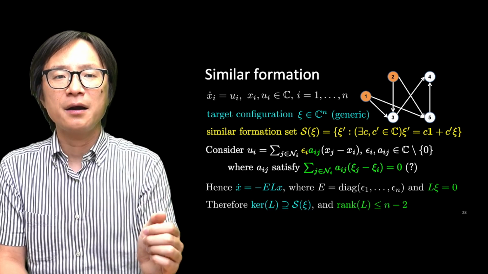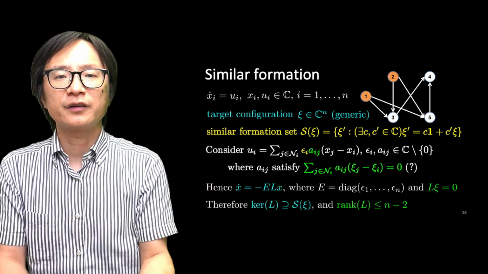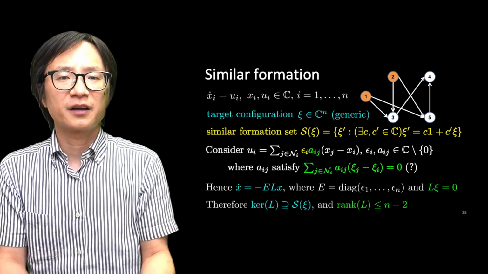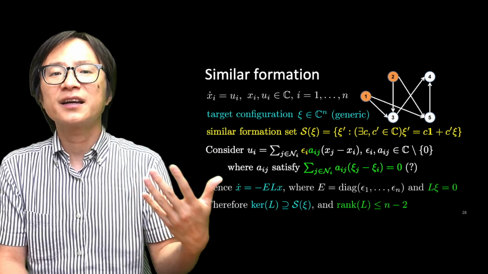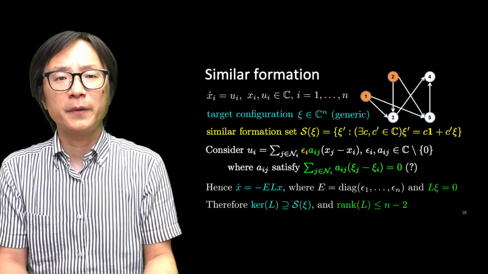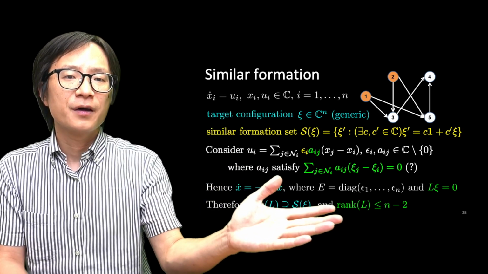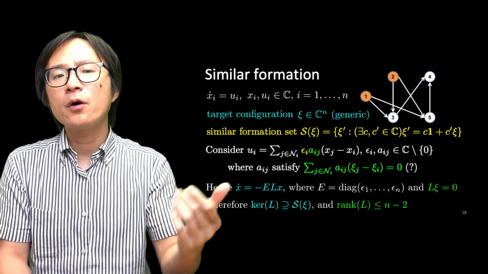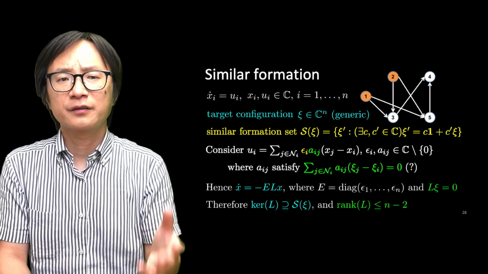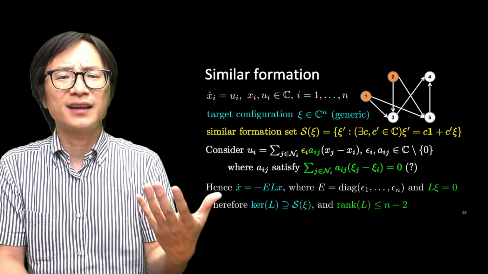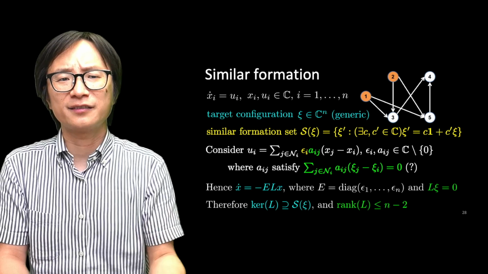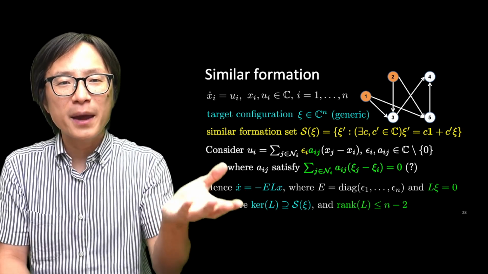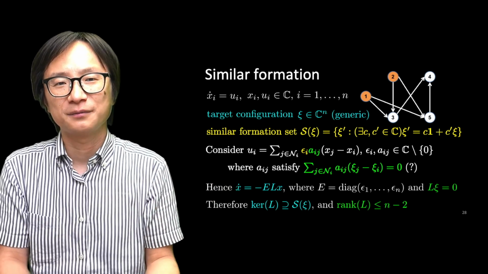And if we compare that with the set of all similar formations, we conclude that the kernel of the complex Laplacian at least contains the set of all similar formations. And the rank of the complex Laplacian can be no more than n-2, because its kernel contains at least two vectors, 1 and C. So its kernel is at least two-dimensional. That makes the rank at most n-2.